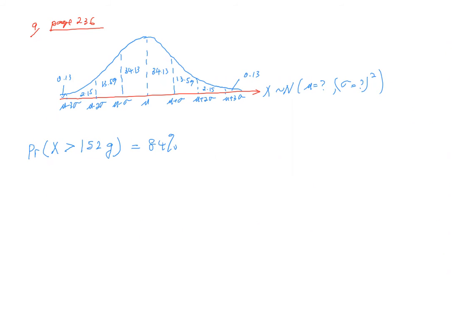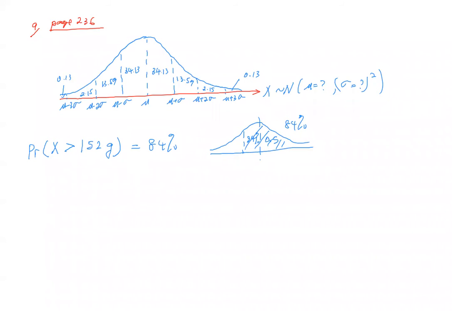Okay. So what we know is half of the bell is 0.5, correct? So if I add another 34%, isn't it in total here I got 84%?